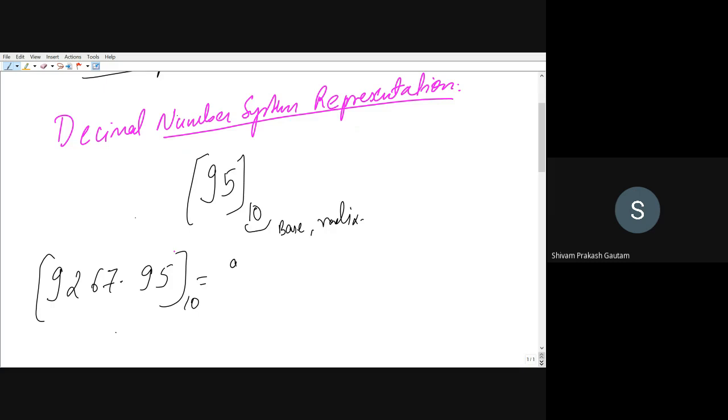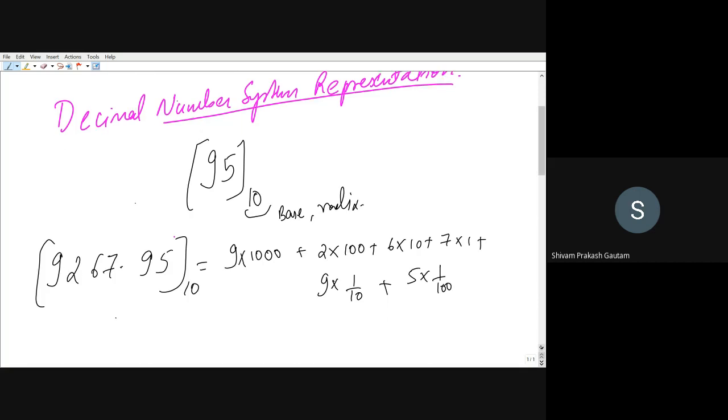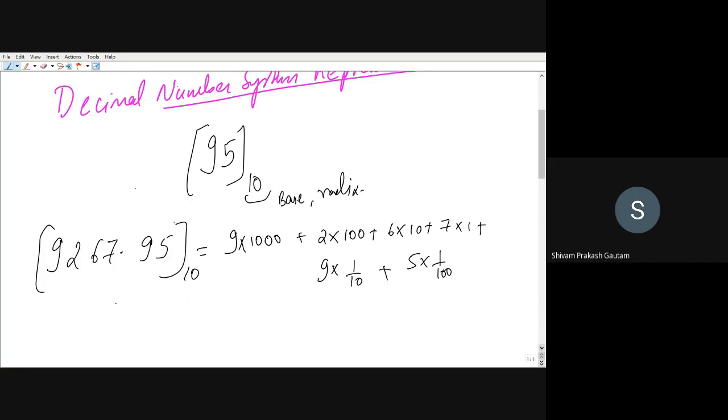I can write 9 into 1000 plus 2 into 100 plus 6 into 10 plus 7 into 1 plus 9 into 1 by 10 plus 5 into 1 by 100. What I have done is bifurcate the decimal number with the weightage given to each decimal place.